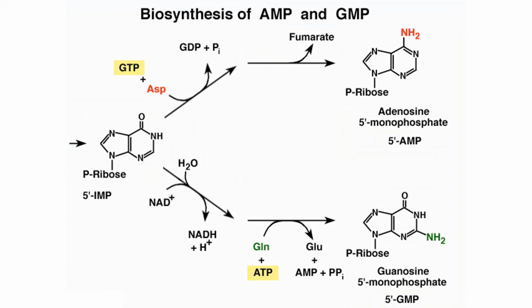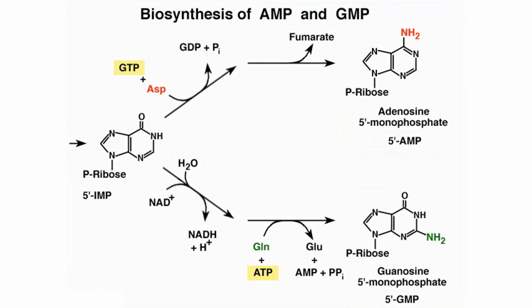Now, if we look at the other 2-step pathway that generates 5' GMP, 5' IMP is oxidized in an NAD-dependent reaction, which introduces a carbonyl group at the 2 position of the 6-membered ring.